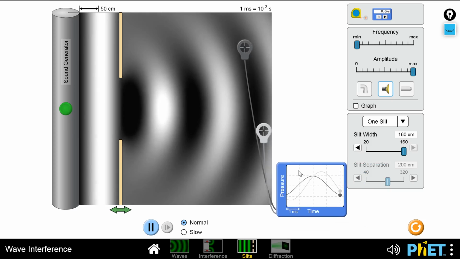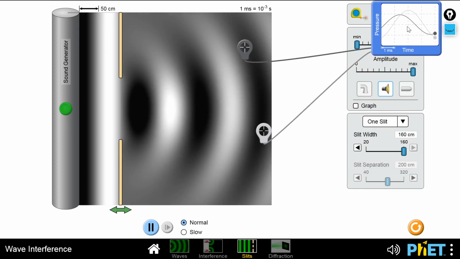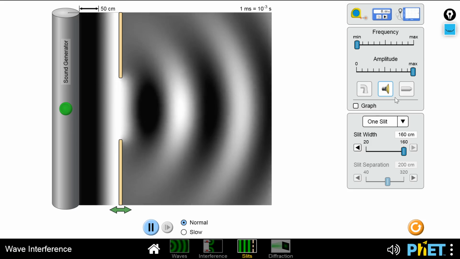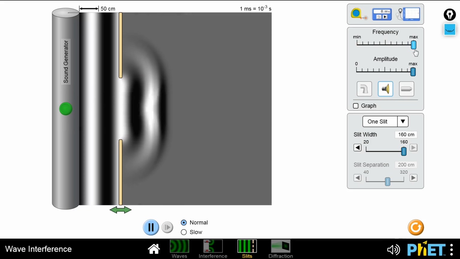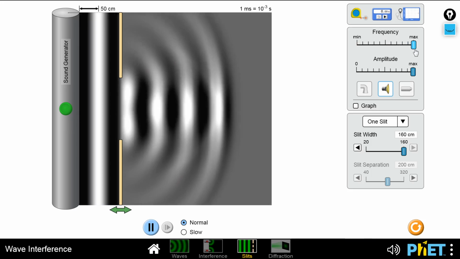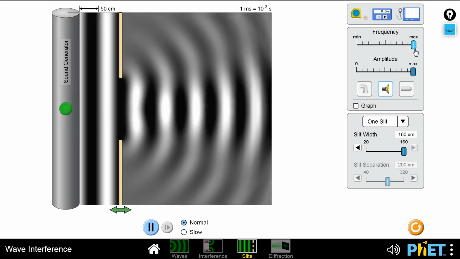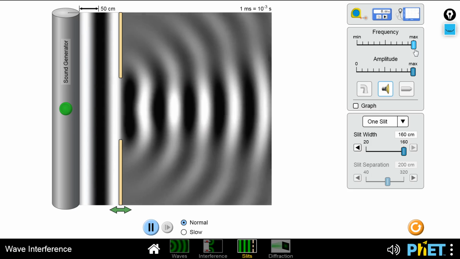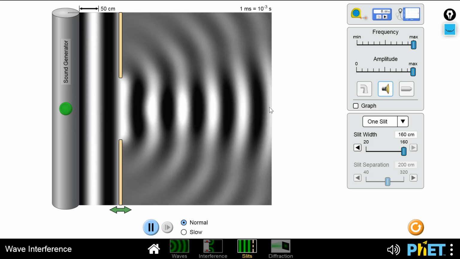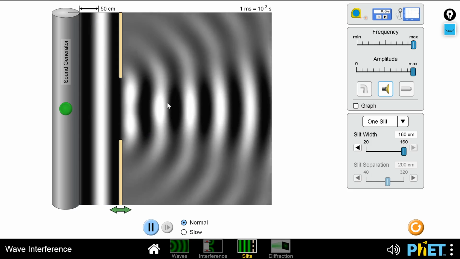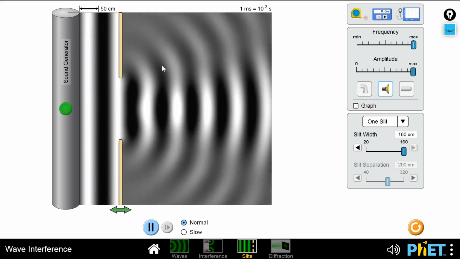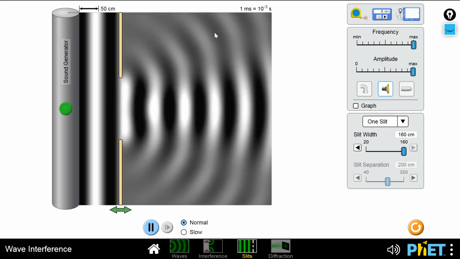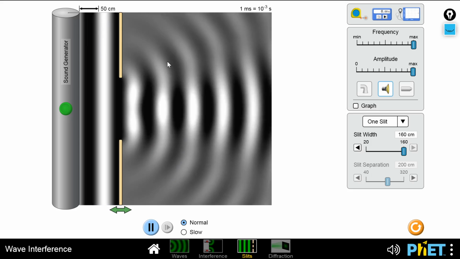Alright, so let's get this thing out of our way and just make some qualitative observations. Now let's up the frequency on this big old wide thing and see what happens. You'll notice that it doesn't curve quite as quickly. In fact, it almost looks like straight lines going straight out, and then the volume decreases substantially in this region, and as it does, it curves.